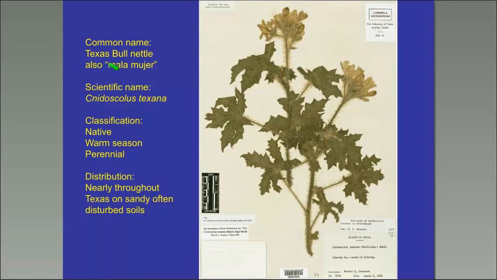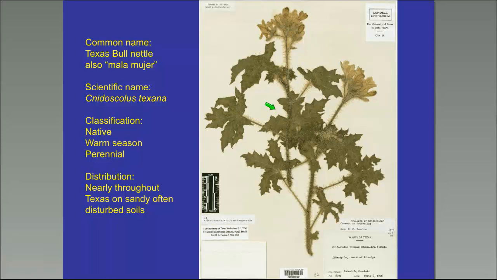And in West Texas and down along the border of the sands that go into Mexico, a lot of people call it mala mujer, meaning that it's a bad woman. If I get too close to it and I get on these spines or hollow tubes, they have an irritant in them that will cause me to have a dermatitis effect.